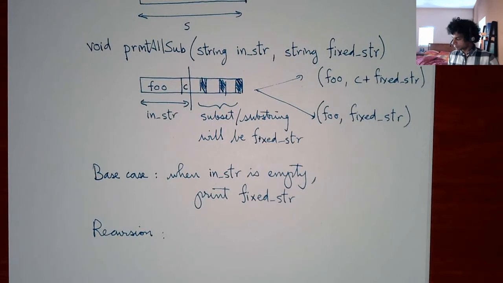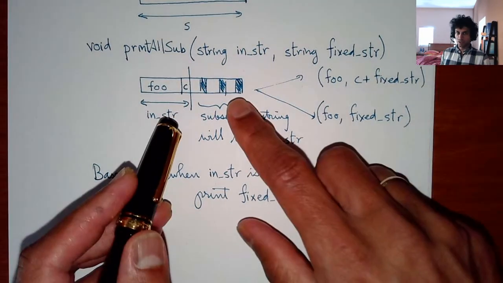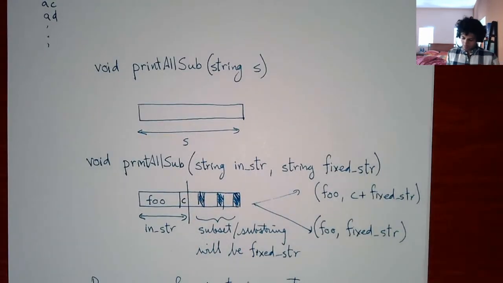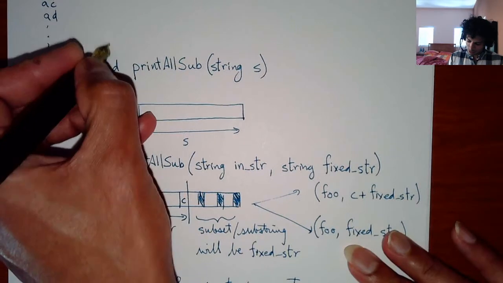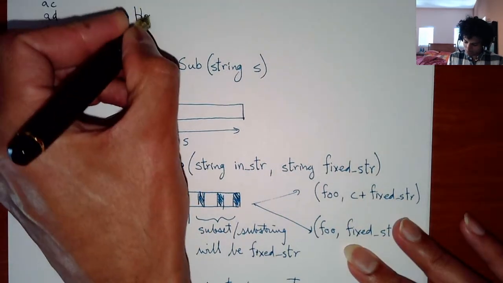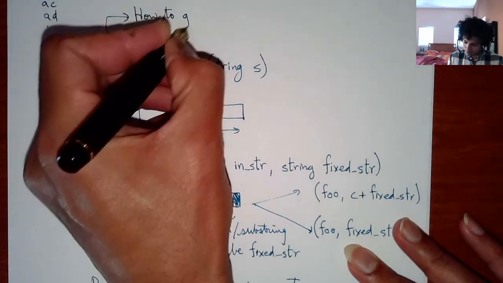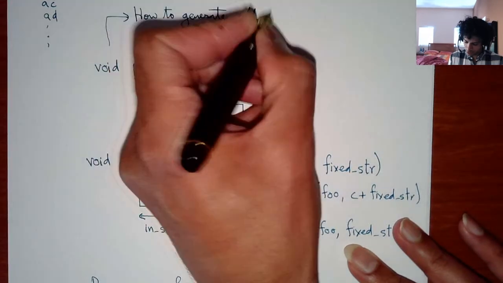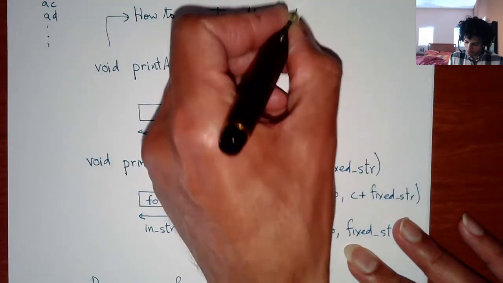Professor, could you please explain why you decide to divide the host string into the input string and fixed string? Okay, good. So why am I doing it this way? Let's go back to saying how to generate all substrings.